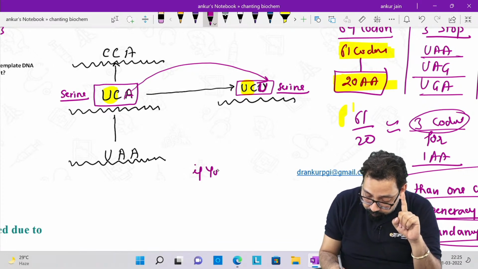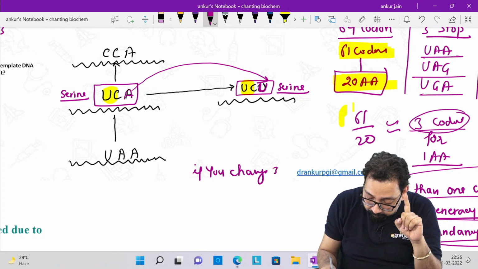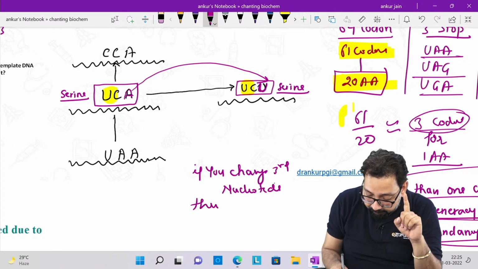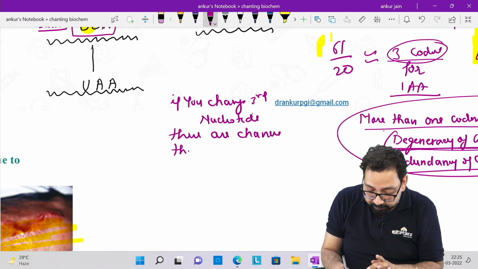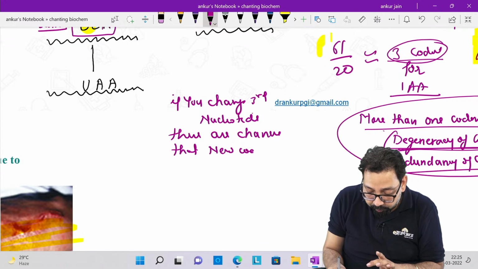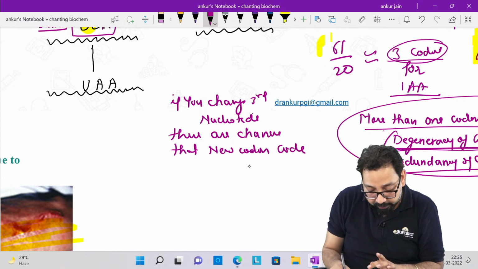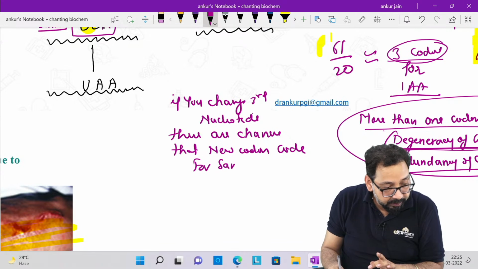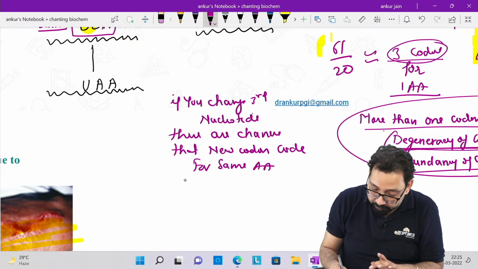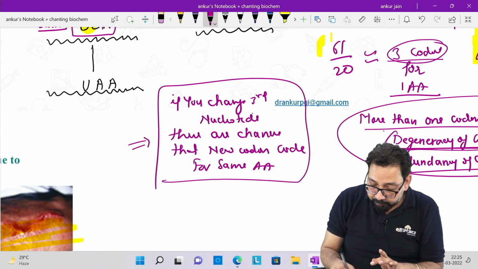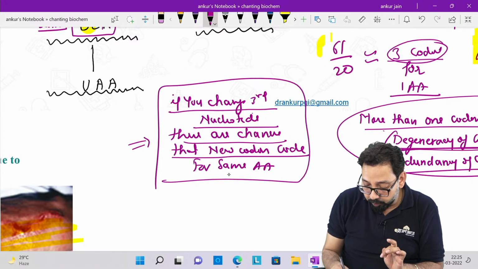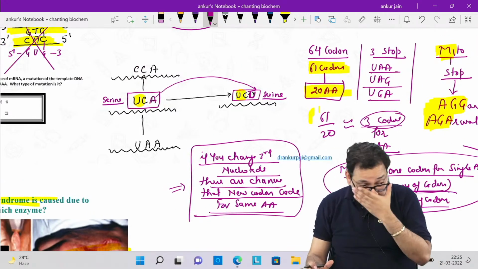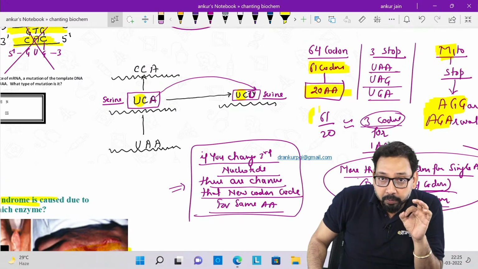If you change third nucleotide, there are chances that new codon code for same amino acid, okay.